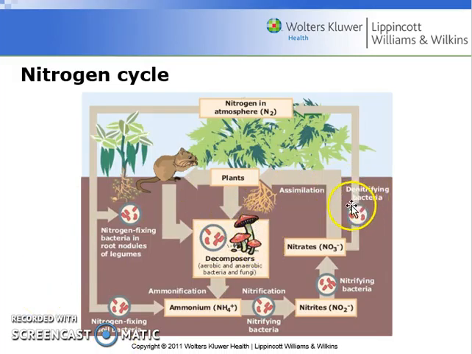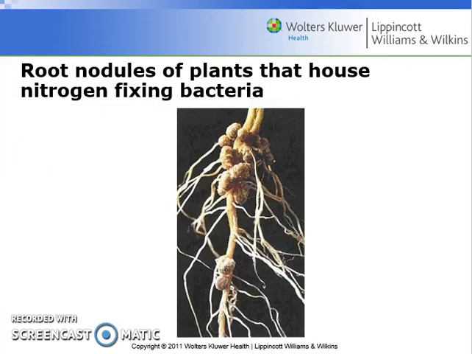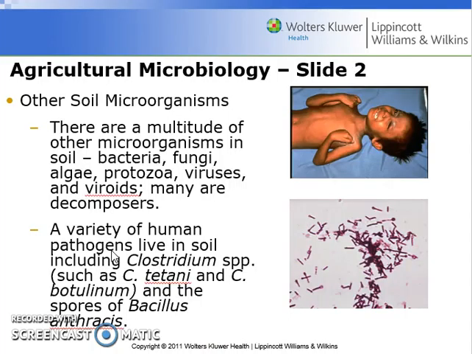Now, the denitrifying bacteria typically produce the free-floating nitrogen that exists in the atmosphere, and we need that, obviously, because it perpetuates, again, this entire cycle. And that, again, is our image of our root systems that have these nodules on them that can harbor that nitrogen-fixing bacteria.